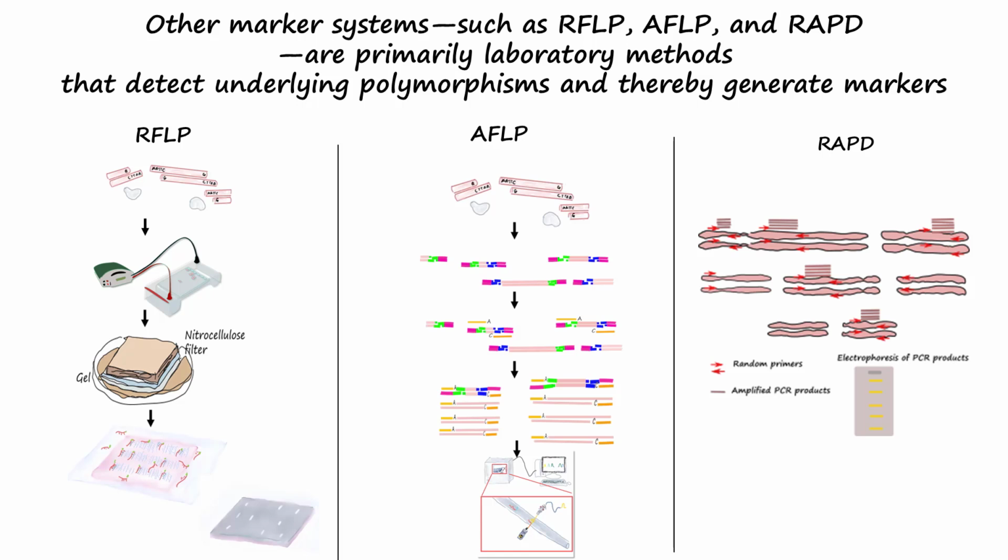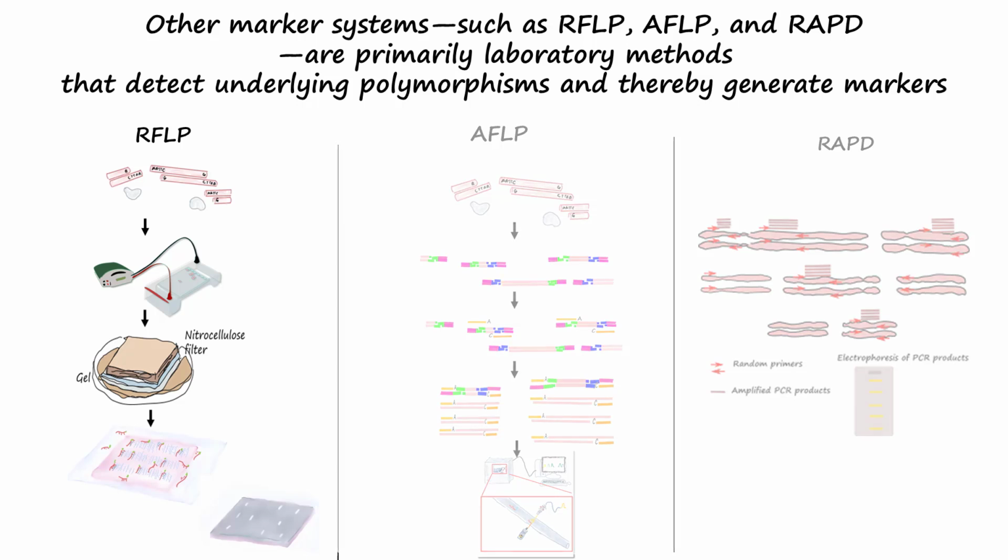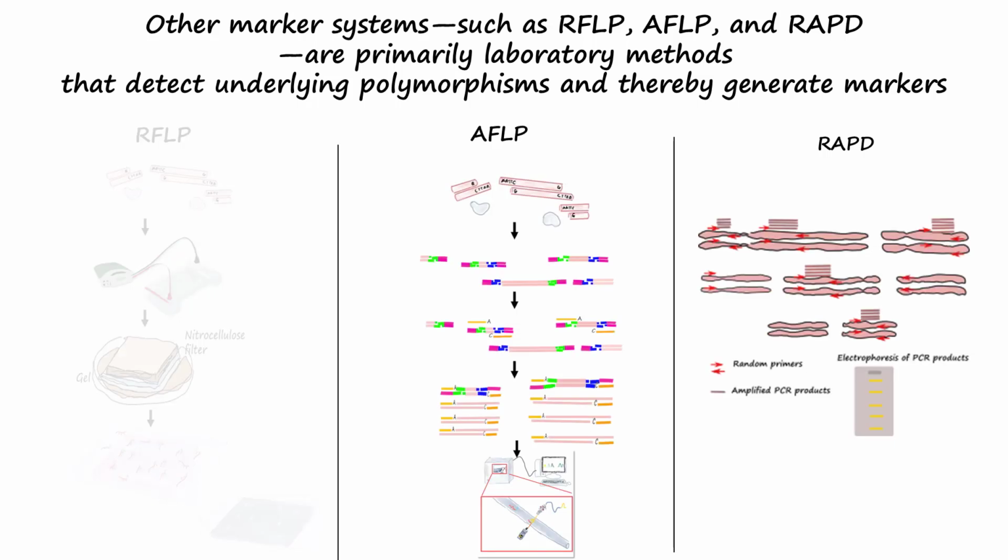Because these patterns can arise from many possible underlying sequence differences, the method itself, rather than a specific variant, defines the marker. RFLPs detect changes in restriction fragment lengths using restriction enzymes and electrophoresis, and because a locus-specific probe is used, these markers are also considered non-anonymous.